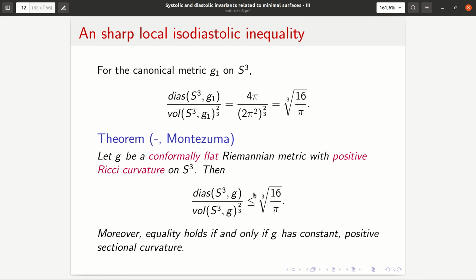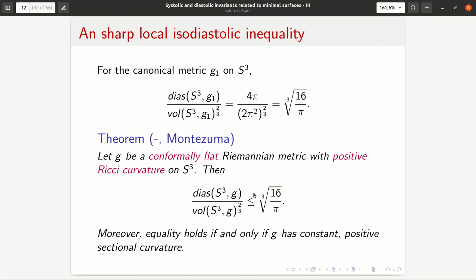So this is a sharp isodiastolic inequality for metrics in an open neighborhood of the round metric inside its conformal class. The equality case characterizes the round metrics.